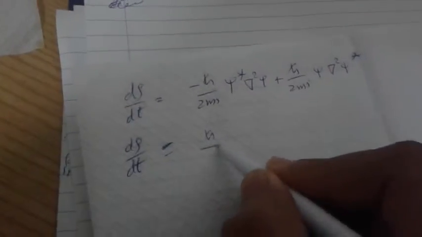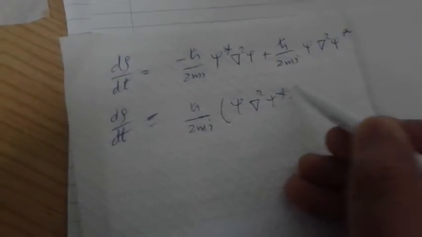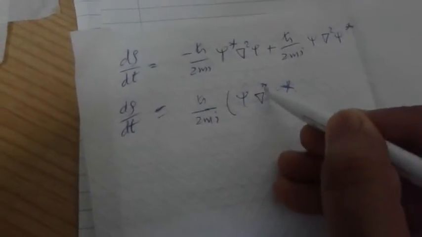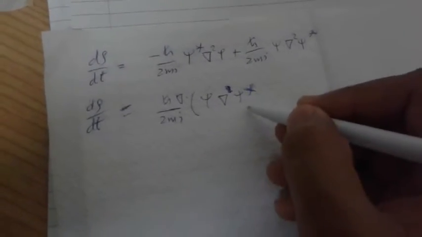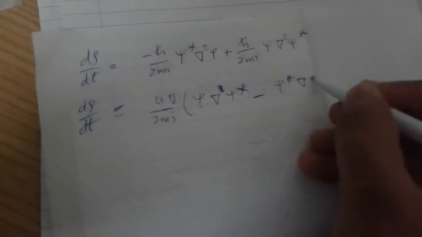We will take h cut over 2m iota as a constant, as a common term, so it will become psi del square psi star, and also if we take del as a common, because here is del square, here is del square, we can take only one del, not two, so here I write this term, and this term will be here minus psi star del psi.